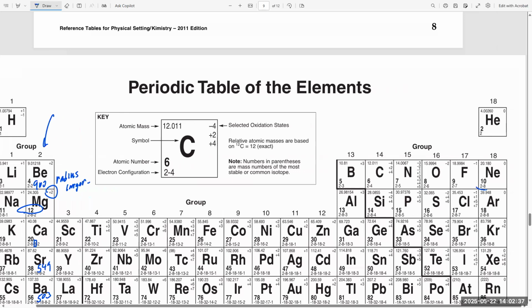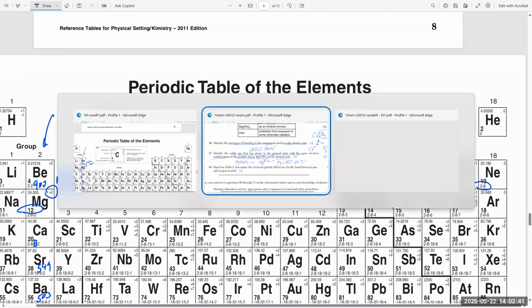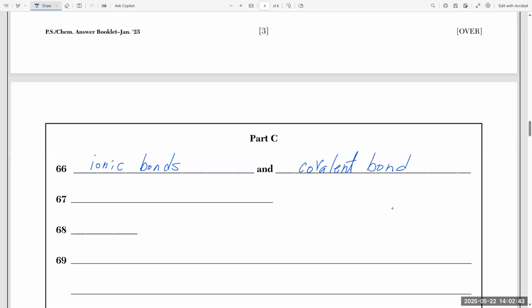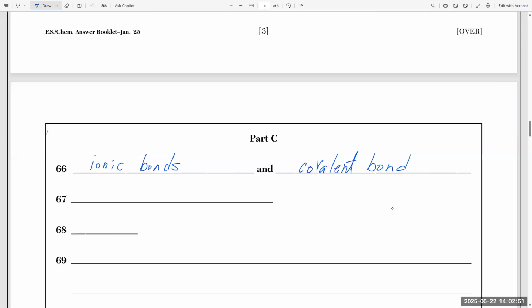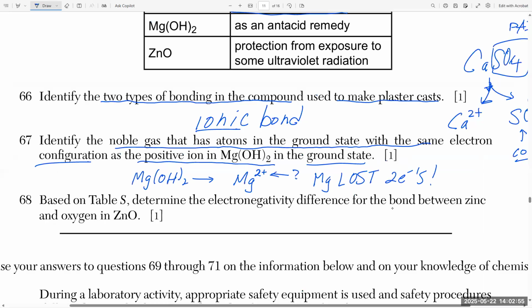Atomic number of 10, that's neon right here, right? So your answer is neon. Is that the right question? Yes. And there it is. Let's go to 68.